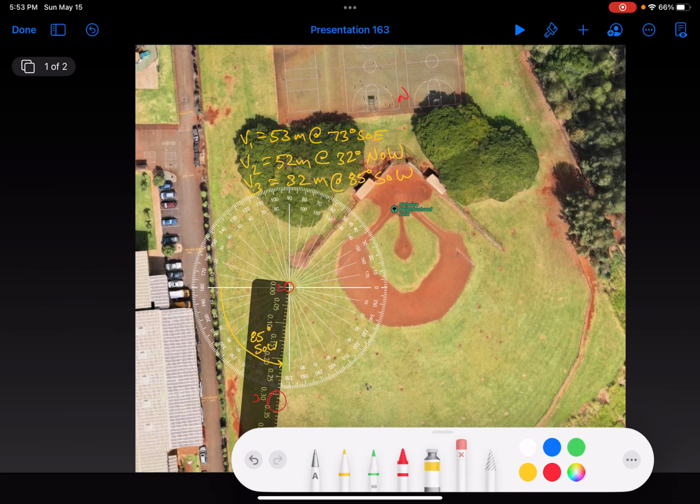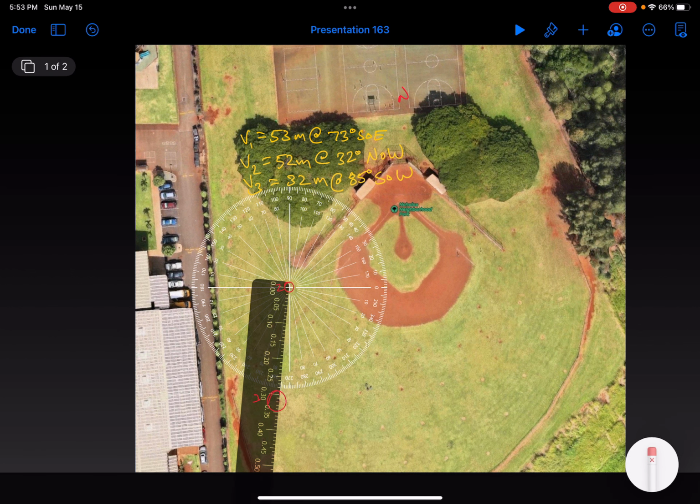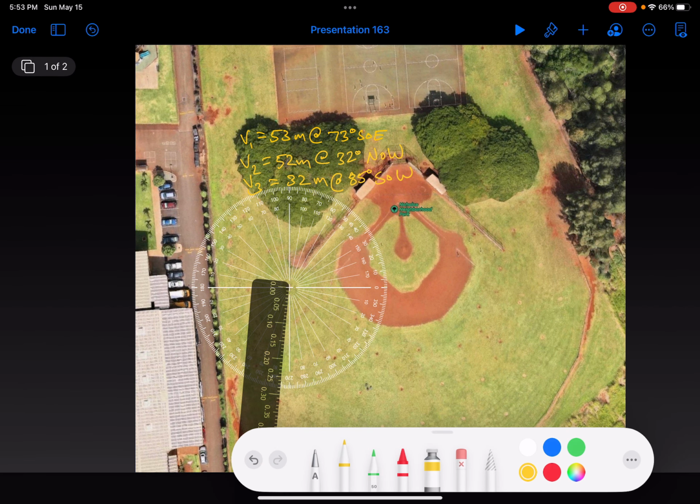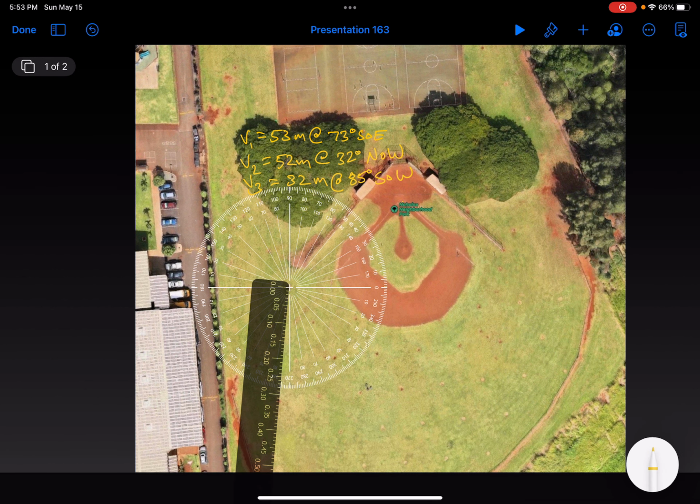So what should be true is that we should be able to add now all three of these vectors together, or that is, if you were to go here in real life, you should be able to mark off from home plate to our first sprinkler. I think it was that one, and then from the first sprinkler, our second sprinkler over here to that one.